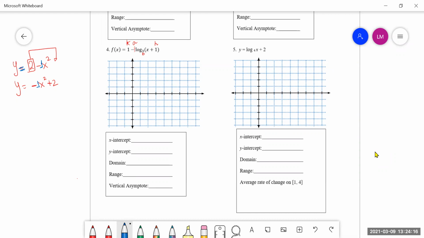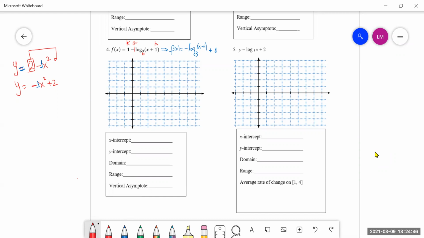Same idea here. I can rewrite it to help you see it, but this is simply f of x equals a negative stretch of a times the logarithm base 3 of x plus 1, plus our 1. So the plus 1 inside is the h, the plus 1 at the end is the k, and our negative 1 is our stretch, okay?